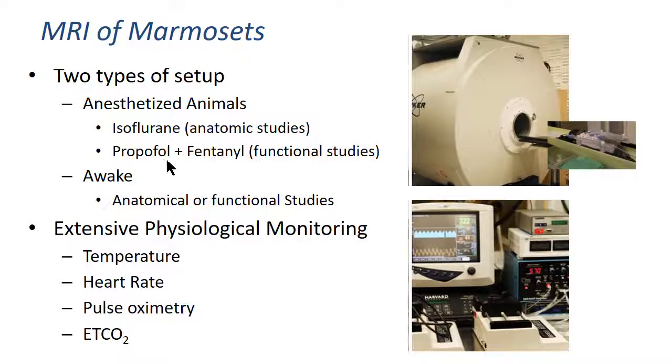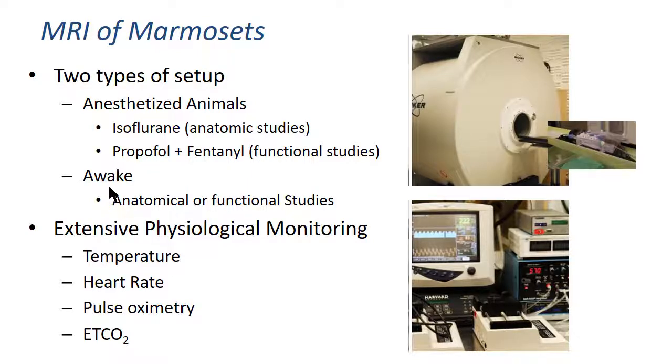For example, in non-human primates, the combination of propofol and opioids such as fentanyl works really well in preserving the vascular reactivity and also in preserving neuroactivity. But in the end, you really are studying the brain of an anesthetized animal from the functional point of view, in a state that is not the state in which human data is acquired.